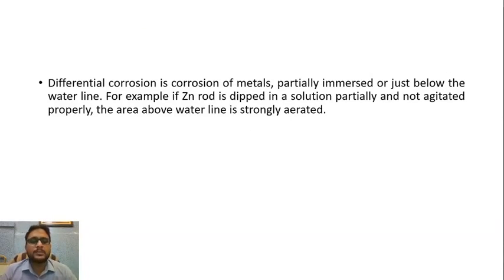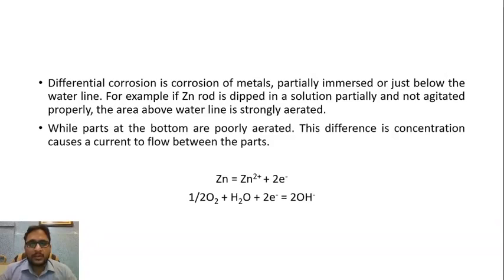As I have already explained, if a zinc rod is dipped in a solution partially and not agitated properly, because of non-stirring of the solution, the area above the waterline is strongly aerated while the area below the waterline is poorly aerated.